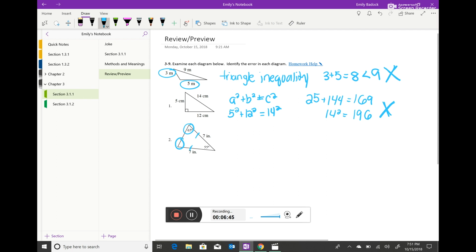So all I'm going to test out here is 65 plus 55, and that's going to get me 120, and then I'm going to take 180 and subtract 120 from it, and that gets me 60 degrees. So there is no way, based on the fact that those side lengths are equal, that it's an isosceles triangle, because the angles do not line up here. The base angles are not equal for that one. So no way, it cannot work. That's our mistake for that one.